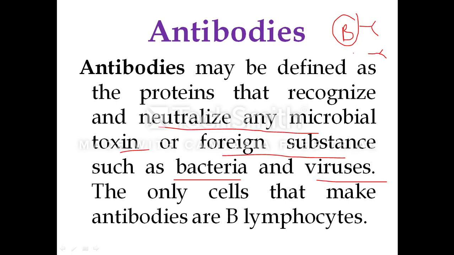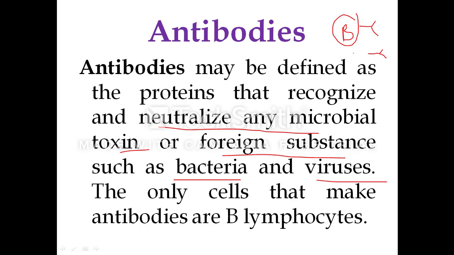When the blood clots, the residual fluid that remains along with the clot contains the antibodies. This fluid, with the antibodies in it, is called the serum.